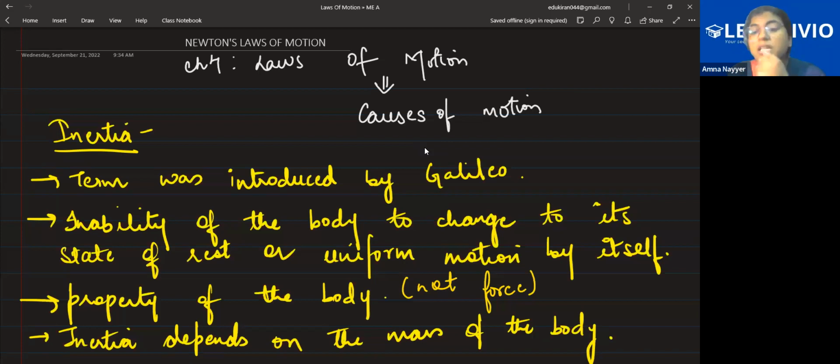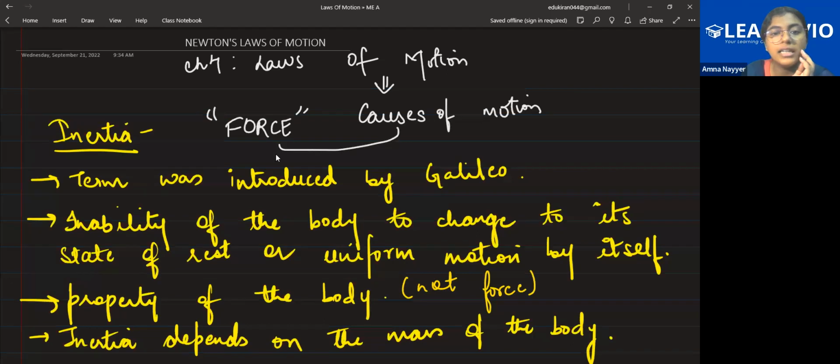And force ultimately allowed the car to move forward, backward, or stay at rest. All right, so this term which we have, force, this is ultimately our cause of motion, which we have to study in this chapter. So laws of motion is all about forces.